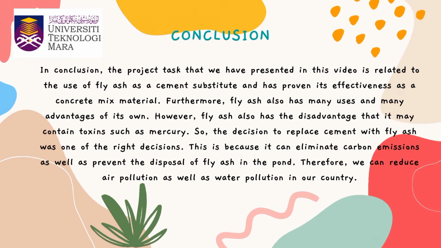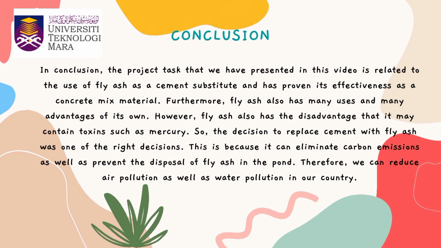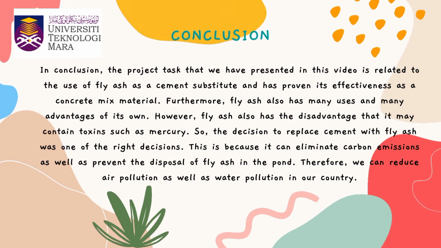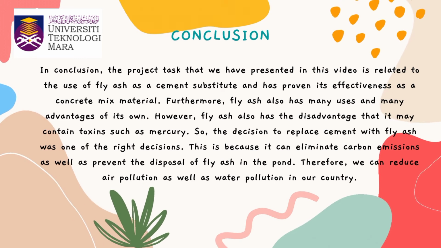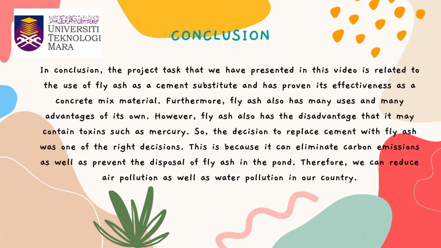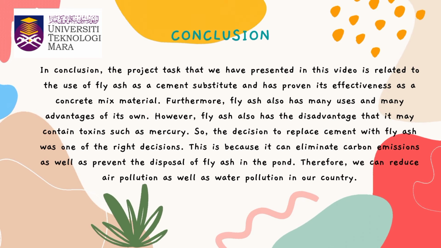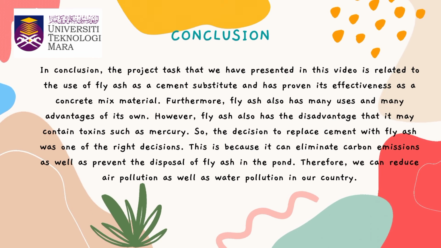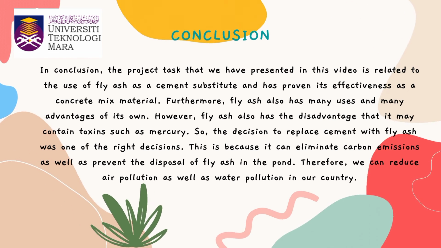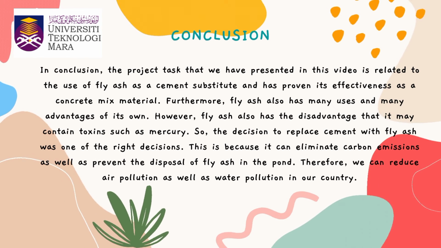In conclusion, the project task that we have presented in this video is related to the use of fly ash as a cement substitute and has proven its effectiveness as a concrete mix material. Furthermore, fly ash also has many uses and many advantages of its own.